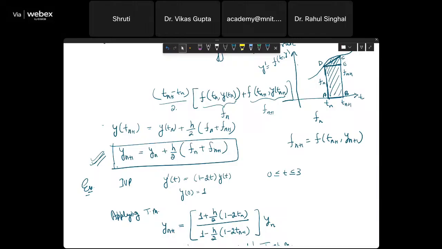Which may sometimes not be easy to solve for y_{n+1}, especially when your function f is nonlinear. So this method gives us the idea to overcome it by calculating the approximate solution at any step in two stages.